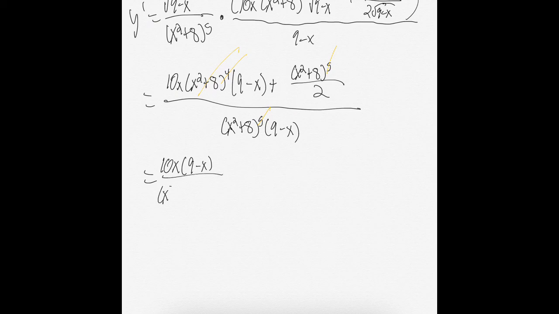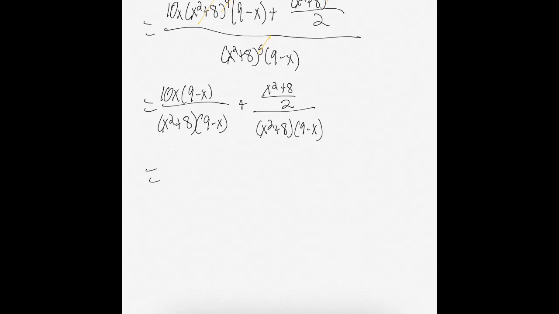And I can split this up further into two separate fractions and write 10x times 9 minus x over x squared plus 8, 9 minus x, plus x squared plus 8 over 2, all over x squared plus 8, 9 minus x.